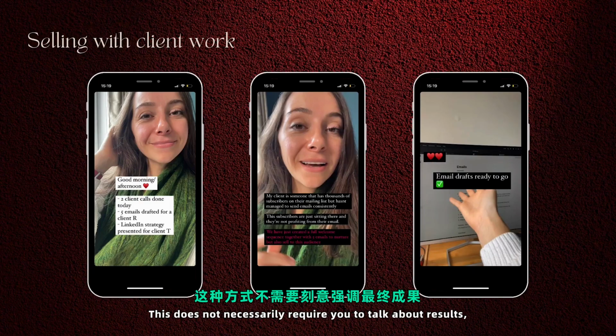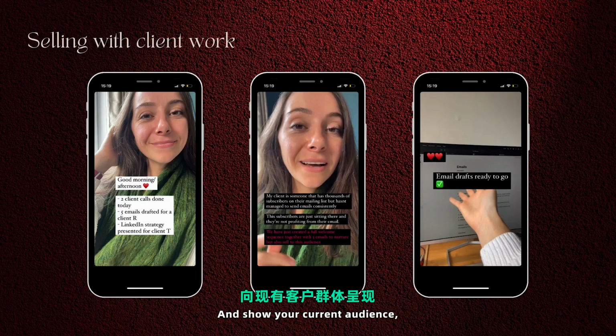Now let's take a look at selling with client work. This does not necessarily require you to talk about results, but it's a great way to talk about what you're doing now and show your current audience your current offers, right?